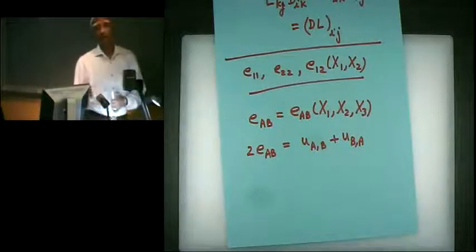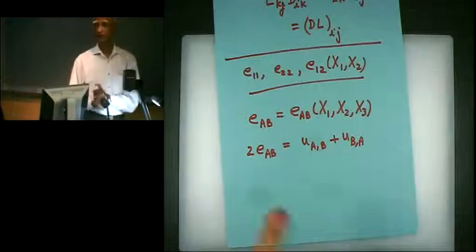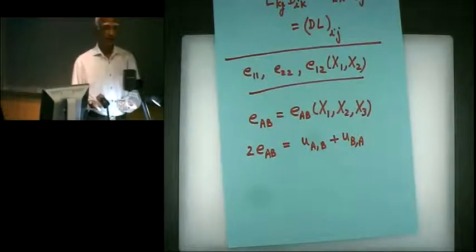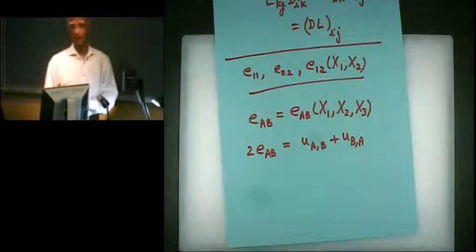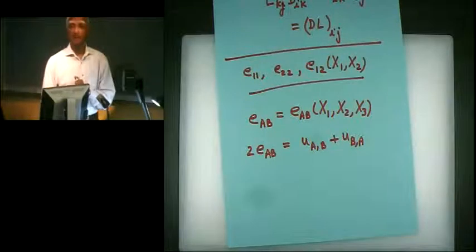So we have 3 components of displacement, u1, u2, u3. And we have 6 equations. E is symmetric, so we have E11, E12, E13, E22, E23, and E33. So we have 6 equations for 3 unknowns.